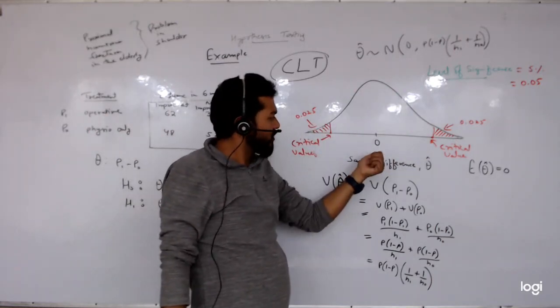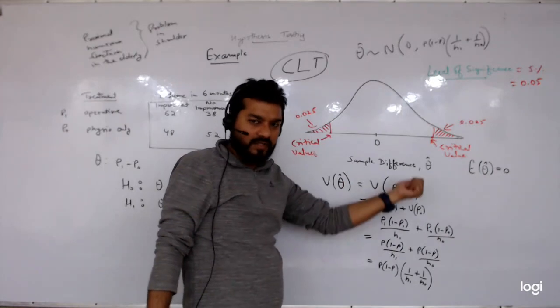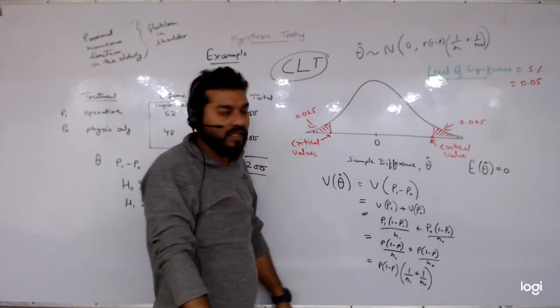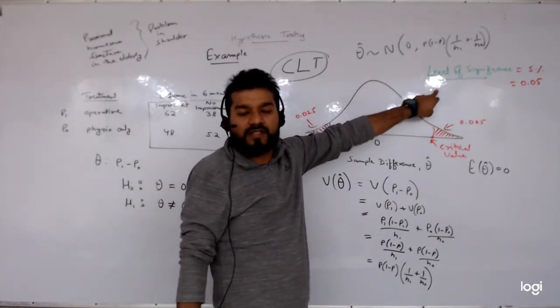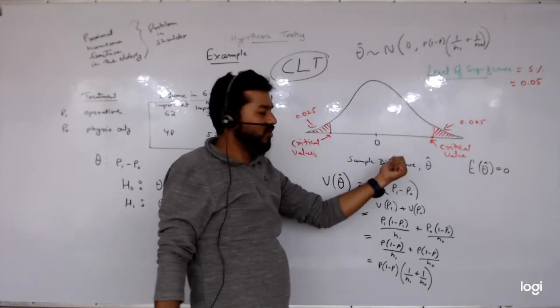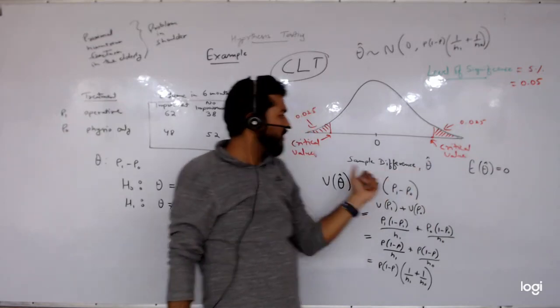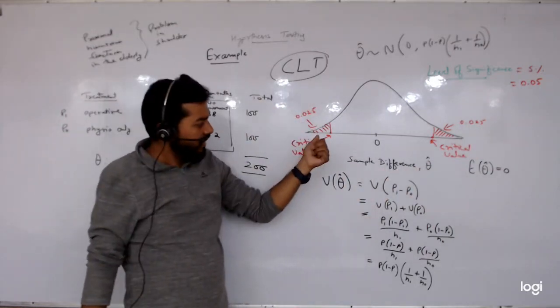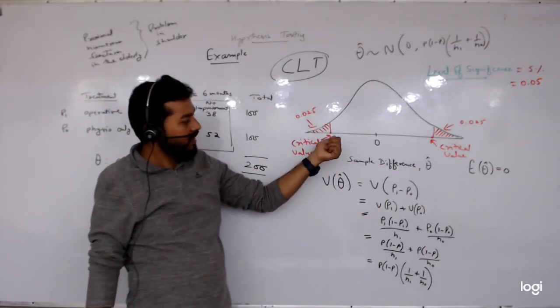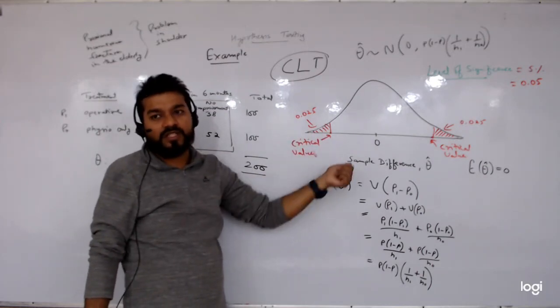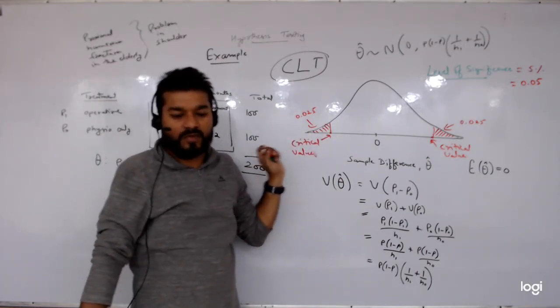It's normal, so we need to know where it's centered, what's the variance or standard deviation. Then we set our level of significance. If it's 5%, then we know for normal how this is going to be. It's going to be 2.5% in one tail, 2.5% in another tail. This would give us critical values. Okay.